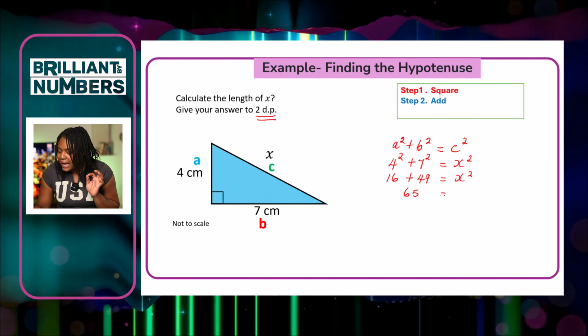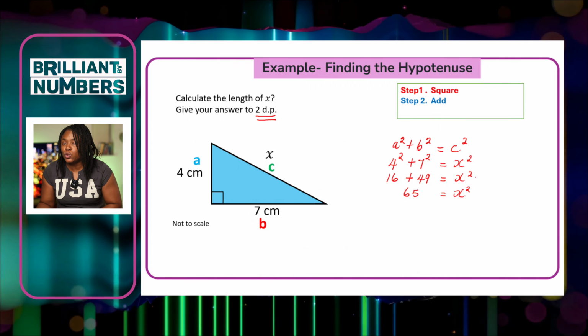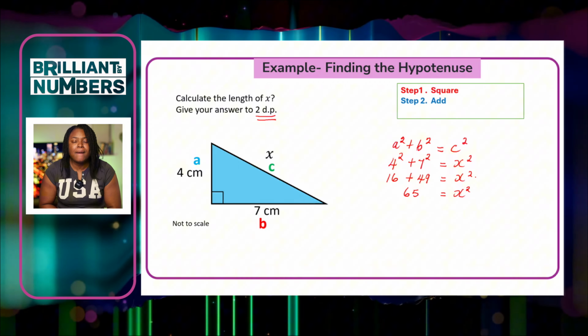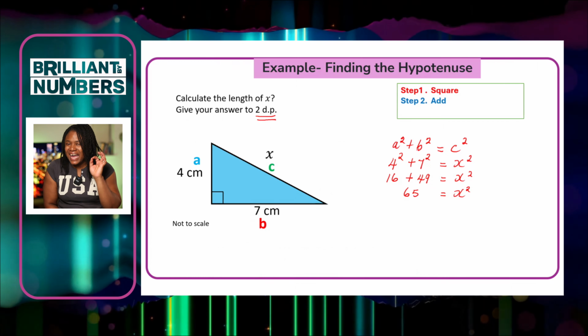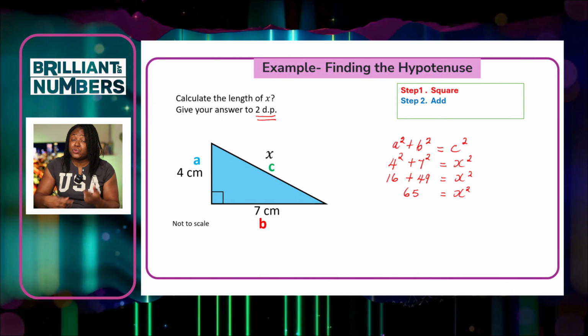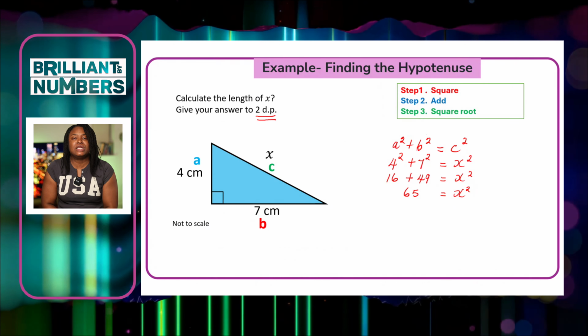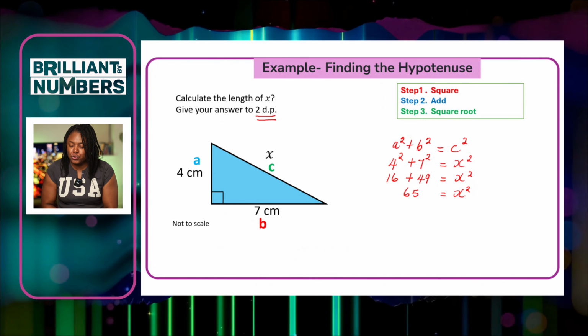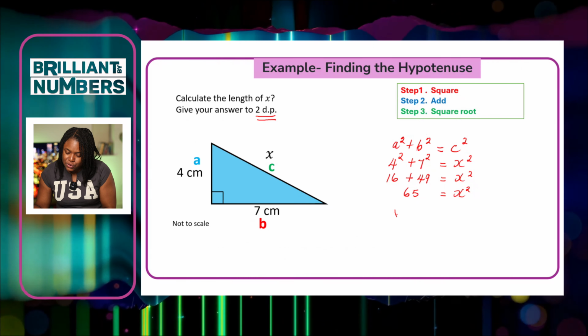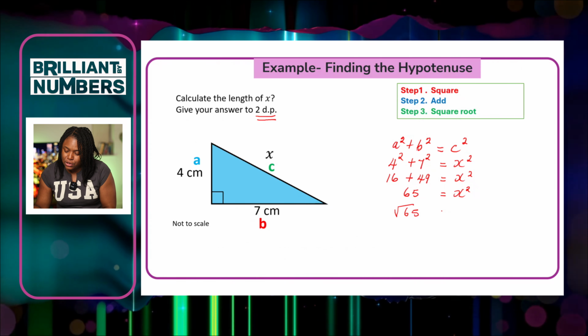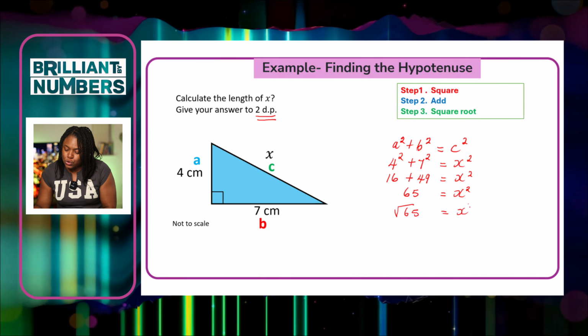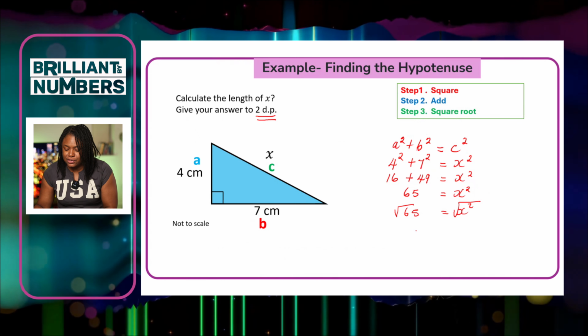So note here that 65 is equal to x squared. But we were asked to find x, which means we need to do the opposite of squaring, which is the 3rd step. We need to find the square root. Therefore, I need to do square root of 65 is equal to x squared. Find the square root of that side as well.